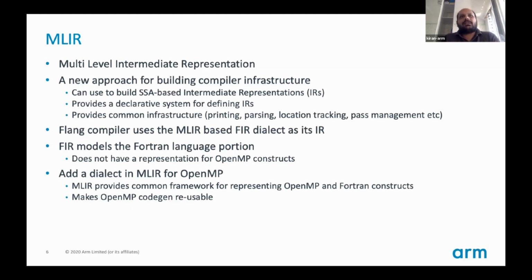The reason is that you want to keep the Fortran portions as pure as possible, and you don't want to have things which are not inside the language inside this IR. So what we need is a representation for OpenMP constructs, but you don't want to add OpenMP constructs into the FIR.